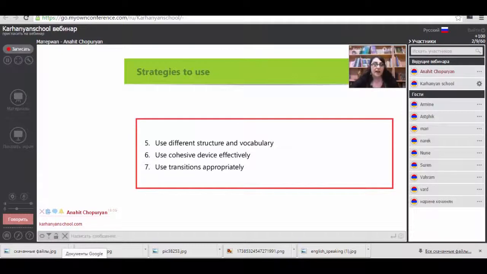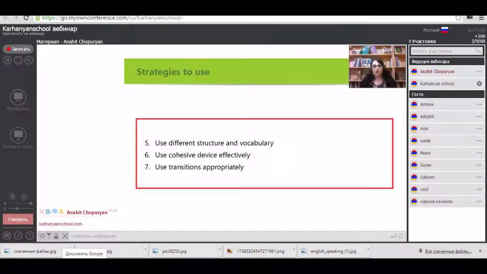Okay. Other strategies: use different structure and vocabulary. For example, instead of saying, my grandfather is kind, he's understanding, he's well educated, you can say, my grandfather is a symbol of peace. He can understand.